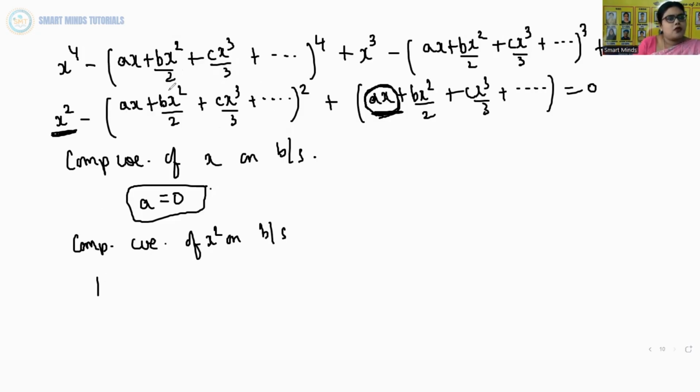Then if you expand this bracket, the whole square will become a^2 x^2, so the x^2 coefficient will be a^2. And before the bracket you have a minus sign, so we get minus a^2. Understood? Then from here you get the x^2 coefficient, which is b by 2. So you get plus b/2 = 0.